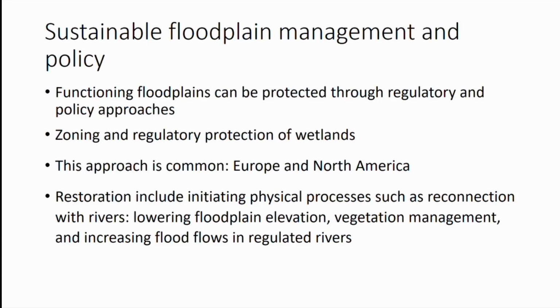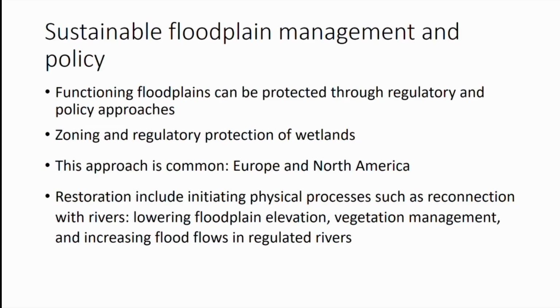And another way to look at it is restoring the floodplain through connecting the breakage between your river and the floodplain. So with such a strategy, you can have, let's say, a levee, the elevation of a levee being lowered.